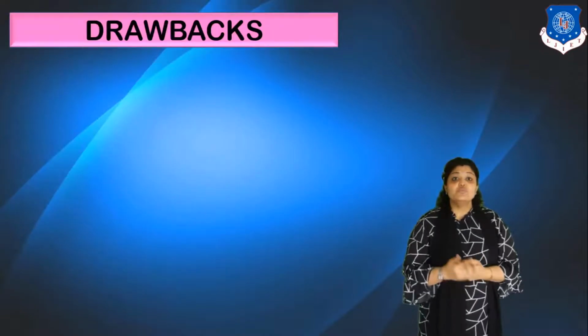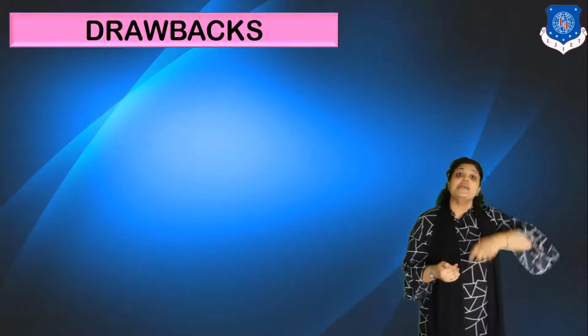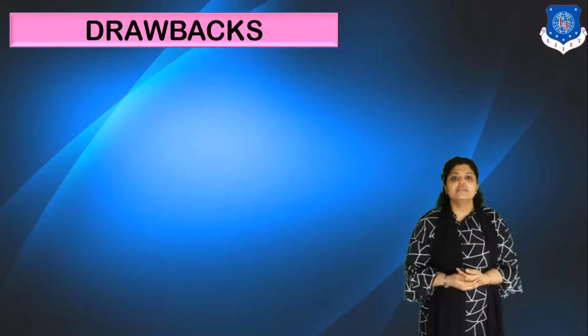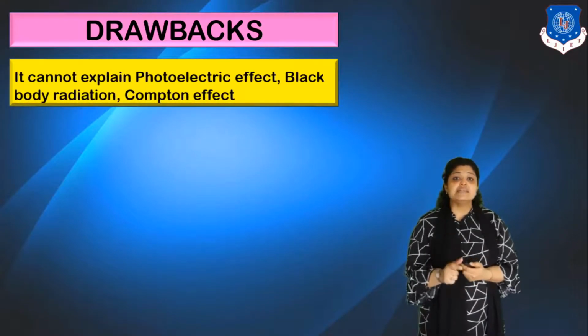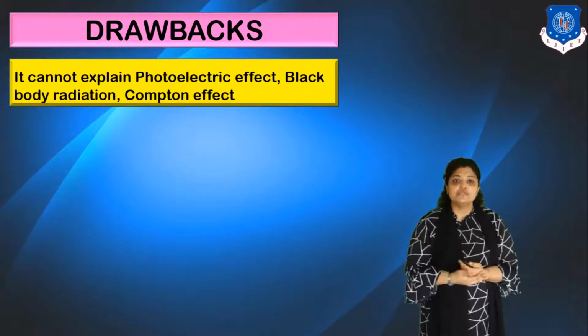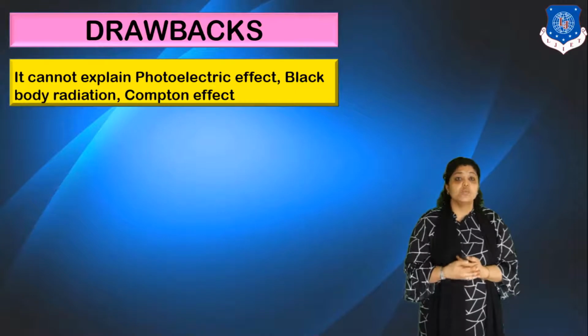Now let us discuss what were the drawbacks of this theory. What were the drawbacks which led to the failure of this theory 28 years later when the theory was proposed. So starting with the first one, this theory cannot explain the photoelectric effect, black body radiation and Compton effect. Why?